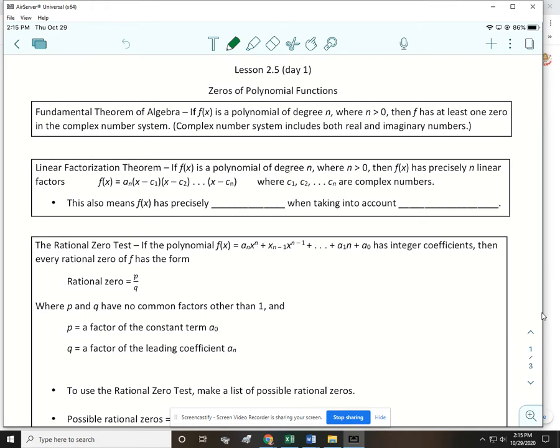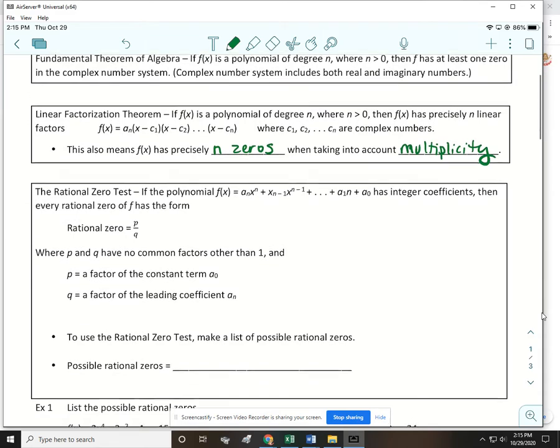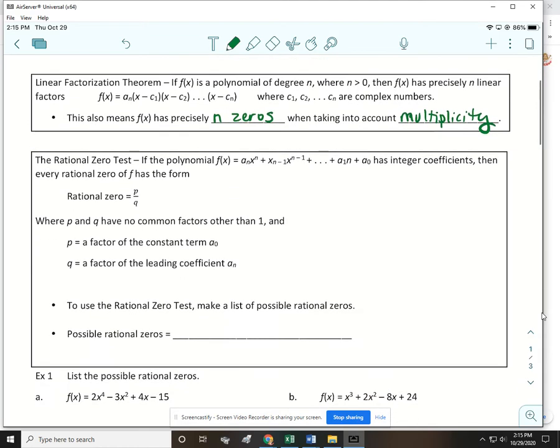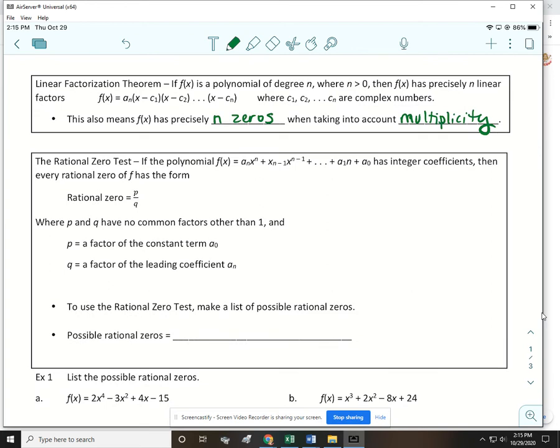So this also means that f of x has precisely n zeros when taking into account multiplicity. The number of zeros matches exactly with the degree, as long as you are counting the imaginary and the real, and if there's a repeated zero, you count that many times.